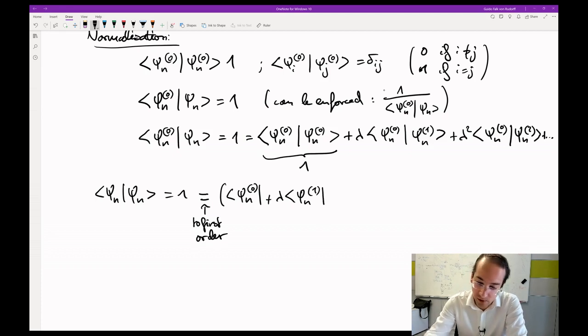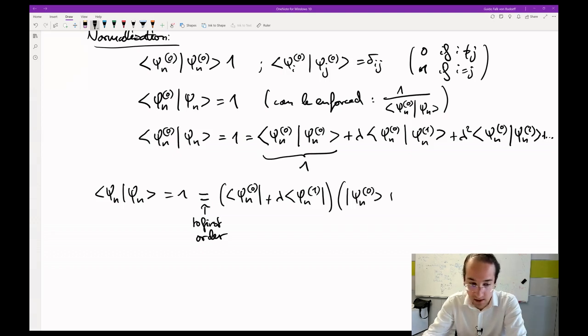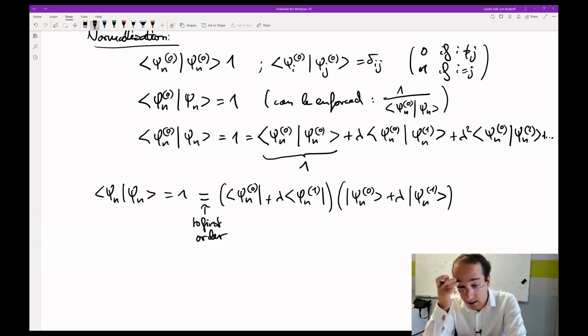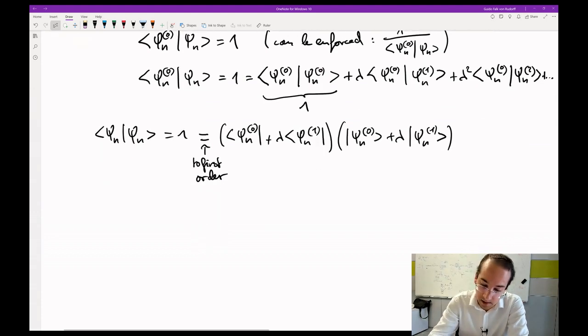That's for this bra psi n, the Taylor expansion into first order, and this is times the corresponding kets. Now we can multiply those out.